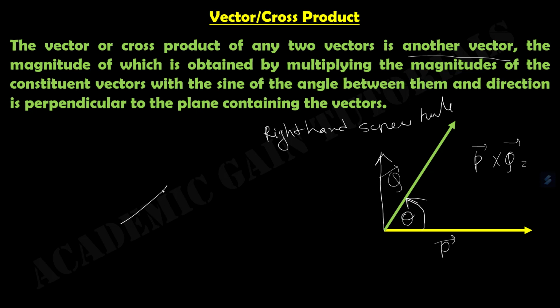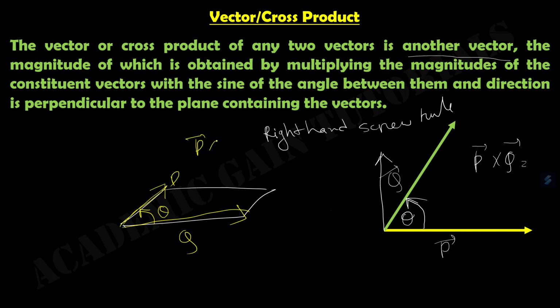If I draw this in that manner, suppose this is a plane, and here P vector is working, and here Q vector is working, and the angle between P and Q is theta, and we want to find the direction of the cross product P cross Q. As we make an angle theta in anti-clockwise, the result will be in the upwards direction.